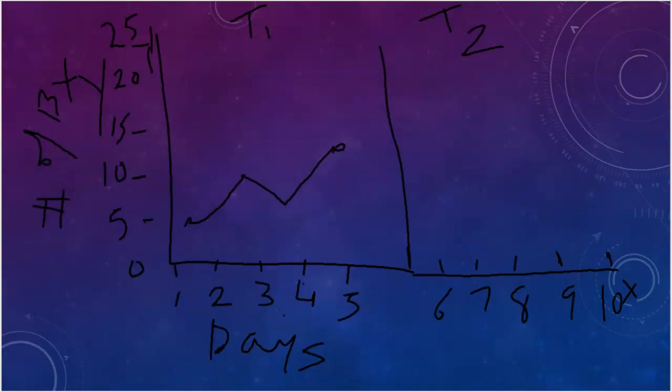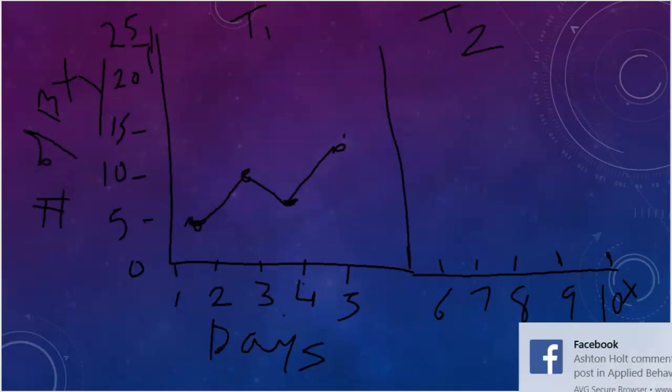Okay. It's a little difficult because we have only 5 days, but it may go up more. So there's a trend here. There's a high variability. 5, 10, 5, 10, 5, 10, 6, 12. But you could see some trend here.